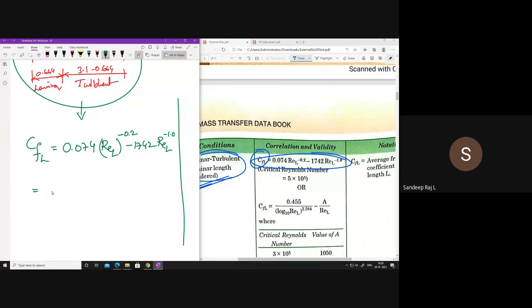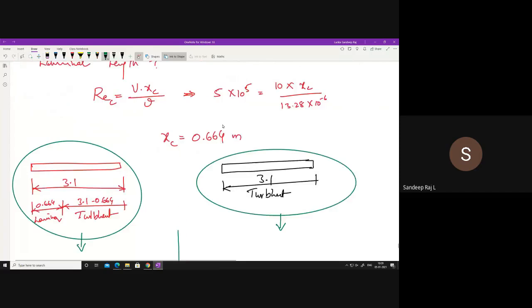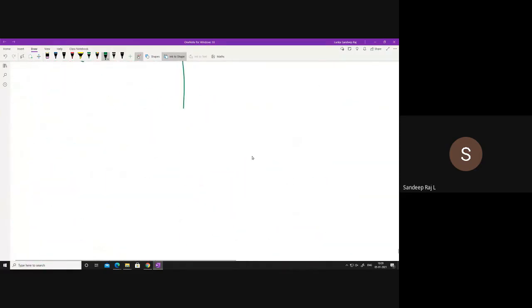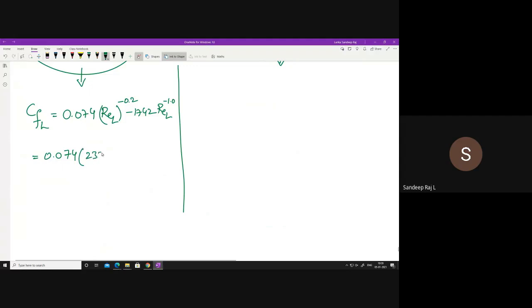So that is equal to 0.074 into the REL value, which you have found out just now, 233 433 7.35, to the power of minus 0.2, minus 1742 into 233 433 to the power of minus 1.